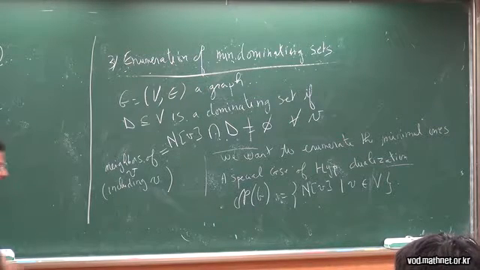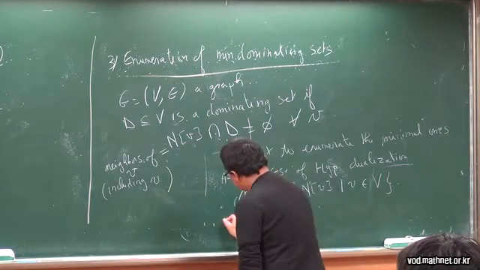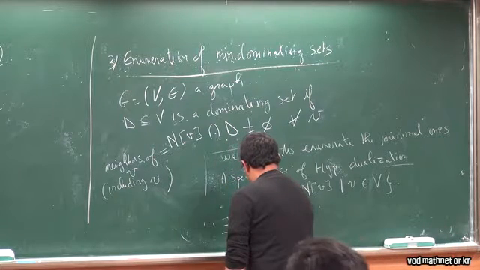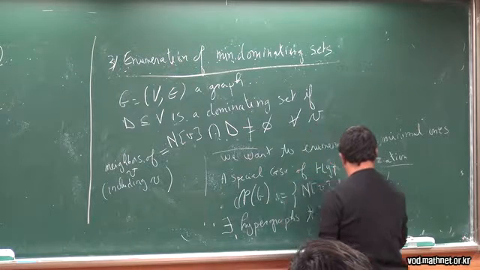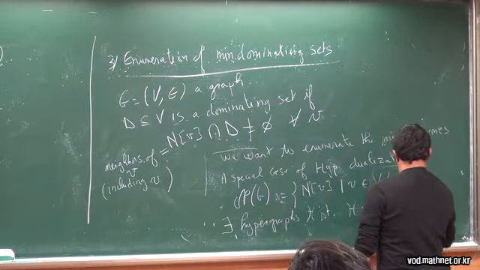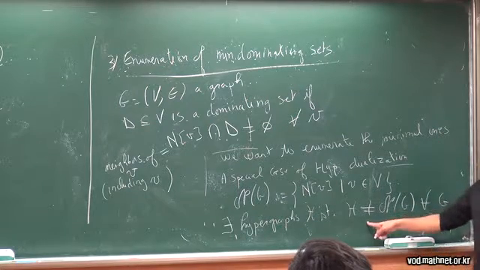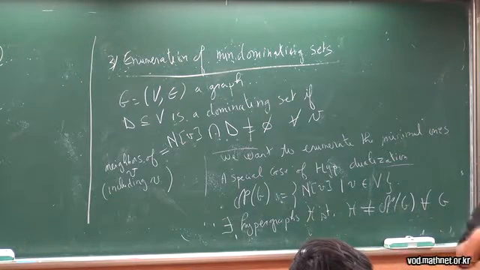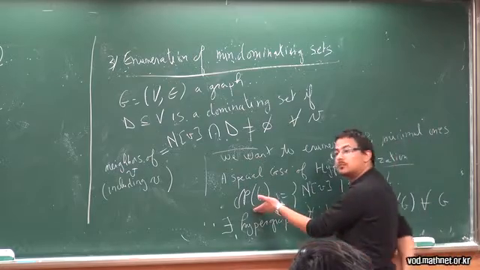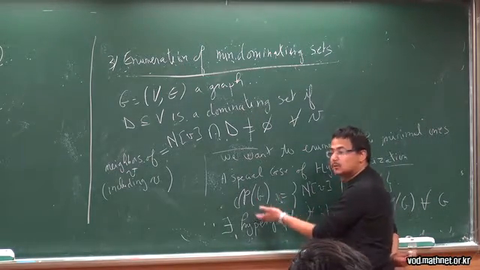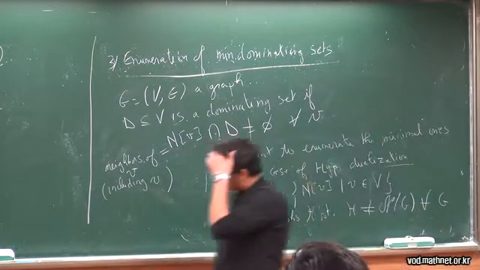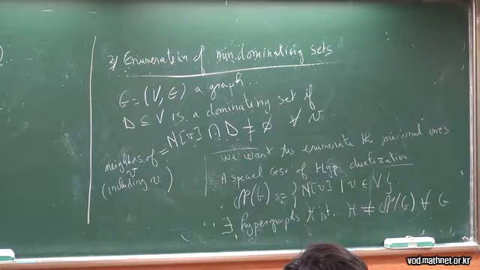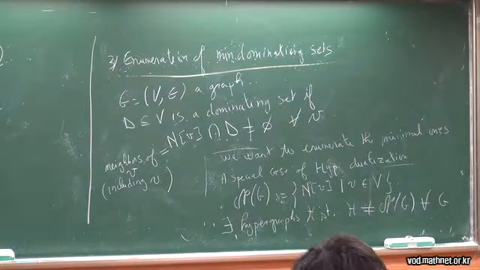But there exist hypergraphs H such that H is different from any neighborhood hypergraph. It's not true that any hypergraph is a neighborhood hypergraph of some graph. This is a well-known result. And now this may suggest that hypergraph dualization is much harder than the enumeration of minimal dominating sets.